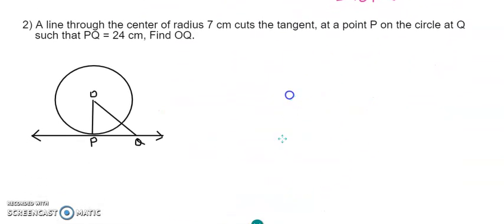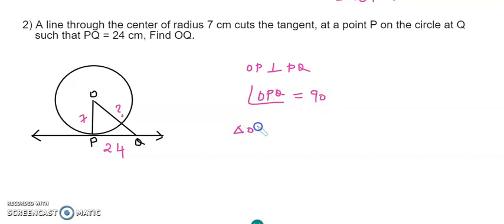They are saying the line through the center of the circle, that means radius 7 centimeter, cuts the tangent at point P on the circle as this. So here we need to find the value of OQ because PQ is given to be 24 and the radius is given to be 7. Again, we'll say OP is perpendicular to PQ. Angle OPQ is 90.